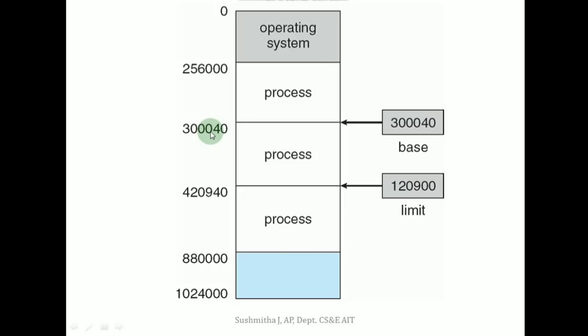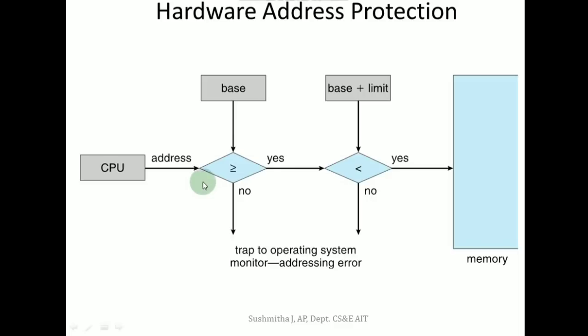It can take 300041, 42, 43, or it can start from 40. If it is less than that, it is probably interfering with another process. And again, base plus limit will give you the maximum range.